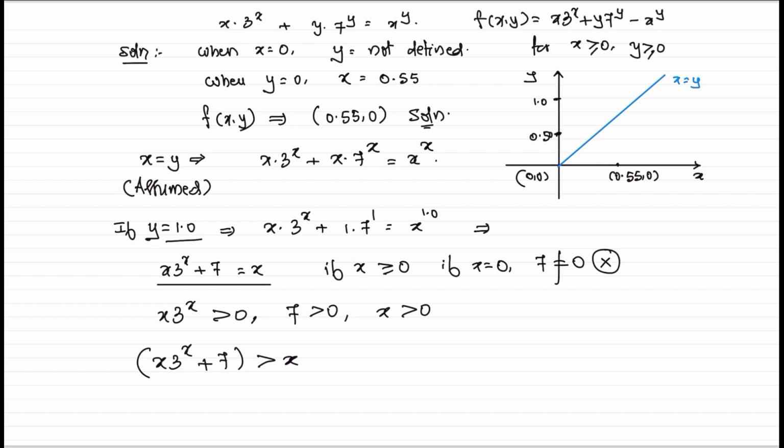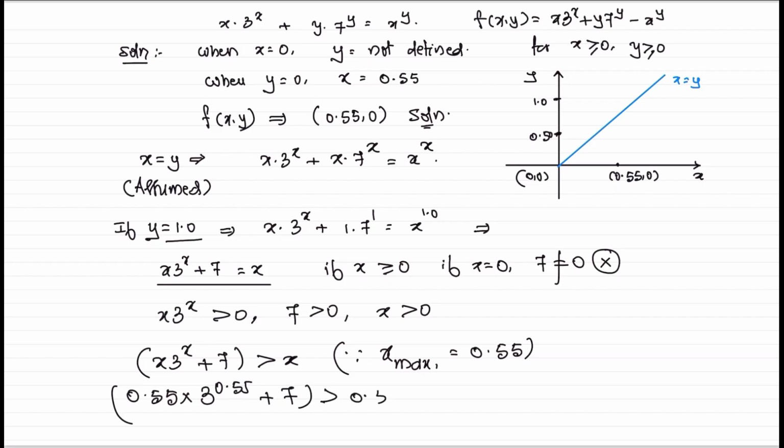Because the maximum value, x maximum, is equal to 0.55. Here if you put 0.55 into 3 to the power of 0.55 plus 7, this is always greater than 0.55.